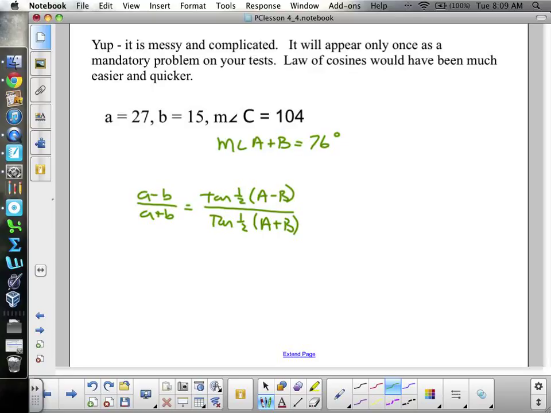Substituting the values, A minus B would be 12. A plus B is 42. Is tangent 1/2 (A minus B) over tangent half of 76, since A plus B is 76. Half of 76 is 38.